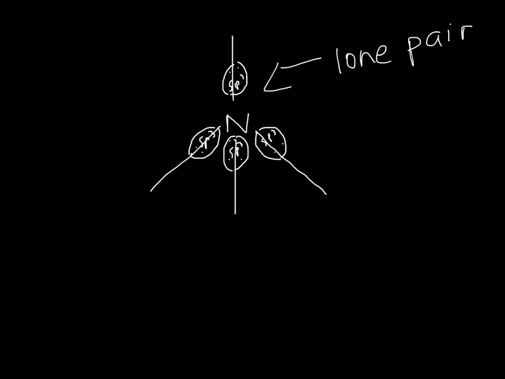By the way, we're only showing the bonding of chlorine and nitrogen. We're not showing anything else. Otherwise, it will be very complex. So now we're going to show chlorine here and the bond.